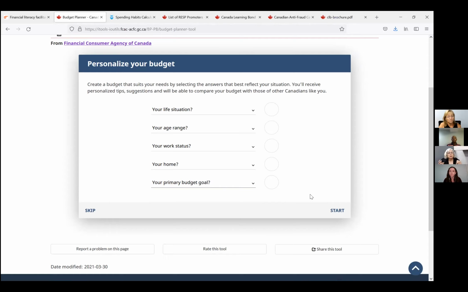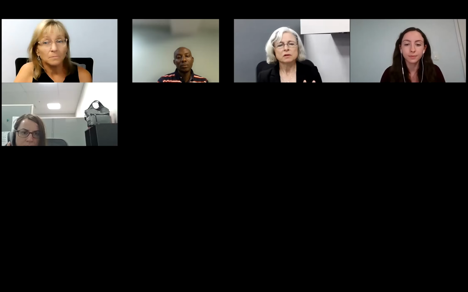And then at the end, it does the math for you and adds it all up, and you get to see what your budget looks like. It's not too complicated, and it's not necessarily for everyone, but have a look at it. It's not a bad tool.